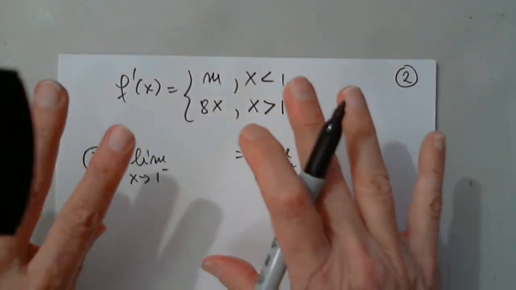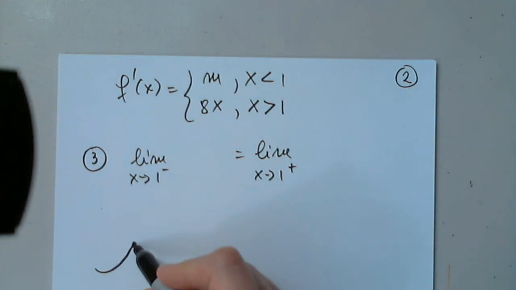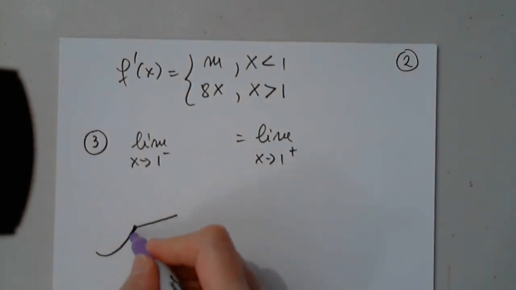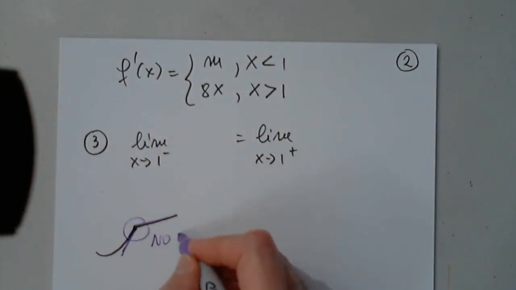And you can say, are you making this up? No. So if the function looks like this, the function is continuous, but at this point, it has two tangents. It has to follow the function. So it cannot have a corner, no corner.